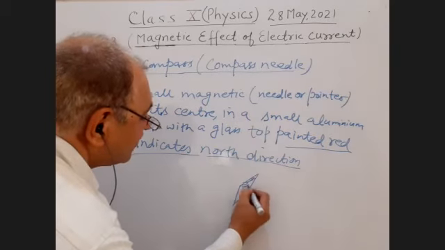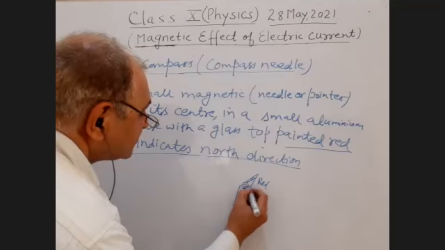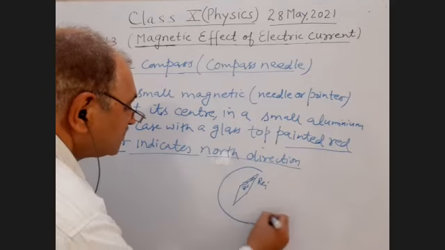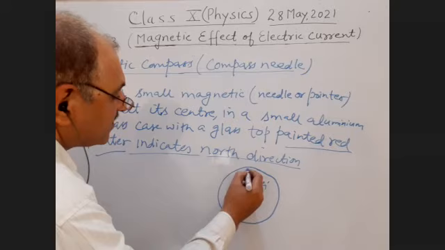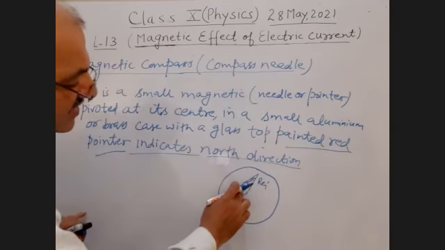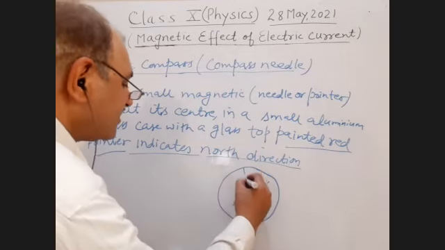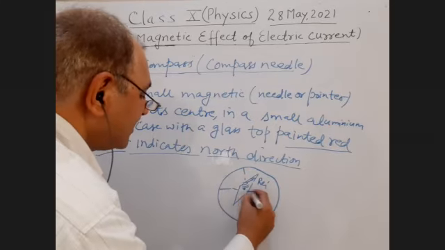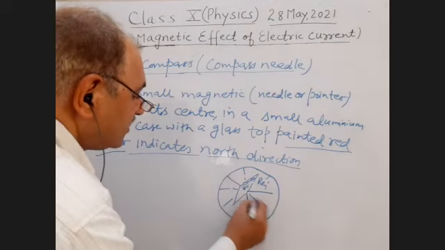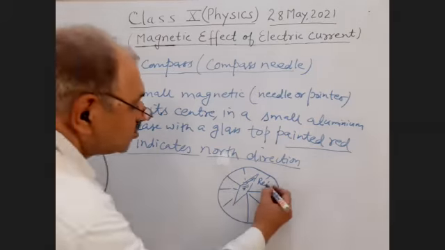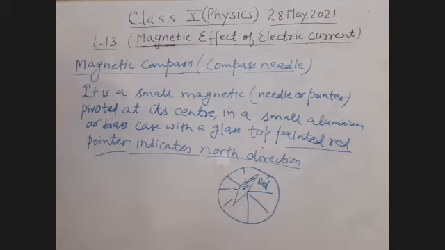It will be like this. It will be in red color. At the center it will be somewhat like this, okay. And the glass is above it, but ultimately this is the needle which indicates the direction if it is turned like this. Okay students, the red color indicates the north direction. Clear, students? So I have written the definition of a compass. Please note down, quickly note down, then we'll go further for the next term, that's magnetic field and magnetic field lines. Please note down.